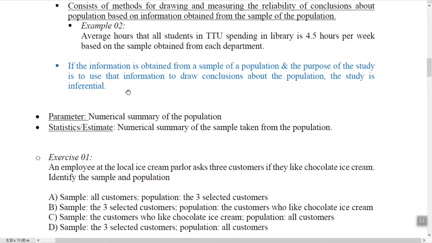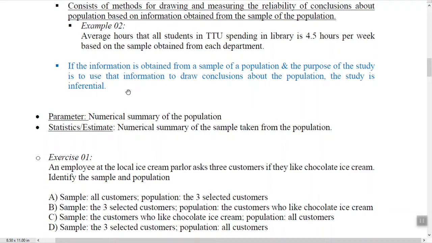Why are we dealing with this kind of sample without dealing with the population directly? Because the size of the population is much bigger than the sample size. If you are dealing with all the TTU students, it can be like 45,000, maybe roughly 50,000.